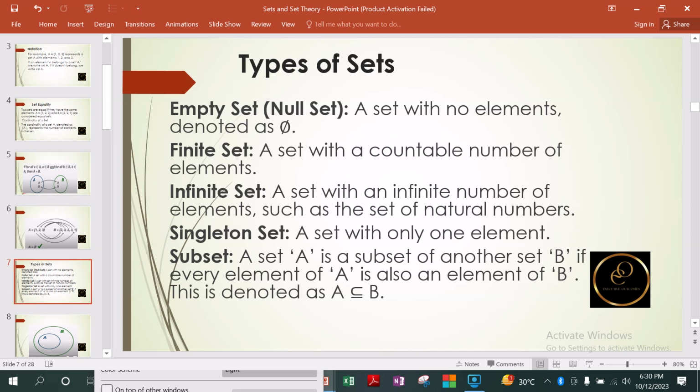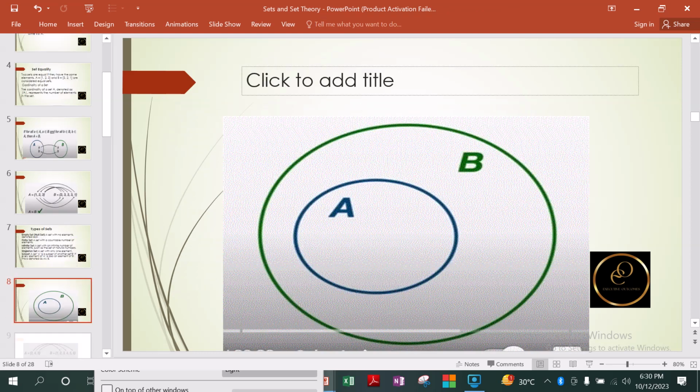A is a subset of or equal to B. Some literature will show this symbol, others will show it without an equality sign down there. But generally this simply reads A is a subset of B. So that's what we have in that regard.